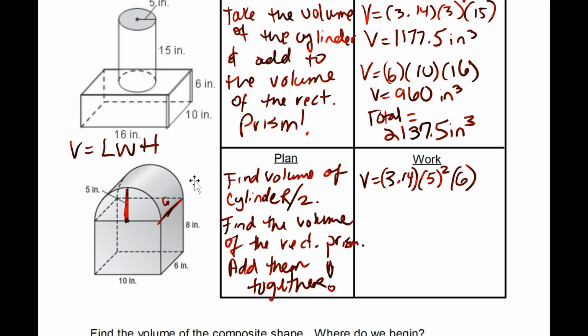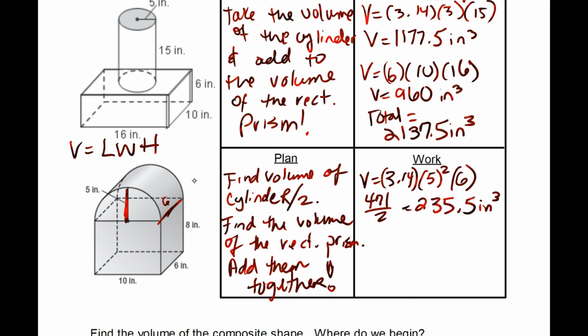Nope, we're going to divide by 2 when it's done. 3.14 times 25, which is 5 squared, times 6 is 471. Divide 471 by 2, and we get 235.5 inches cubed. That's the volume of the half cylinder.